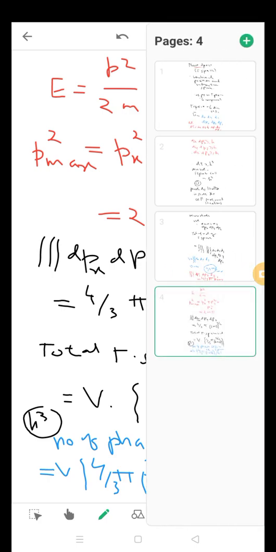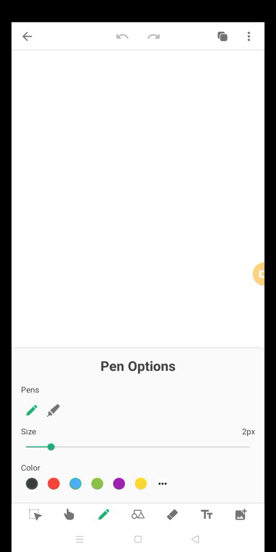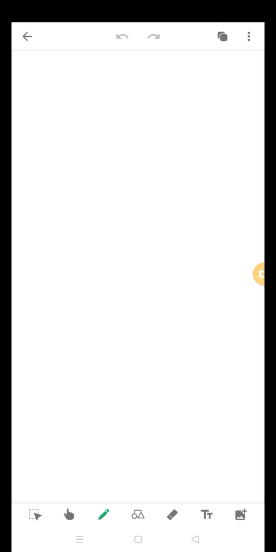Now the next concept is of an ensemble. An ensemble is actually each phase point of a separated system with the same macroscopic properties but different microscopic state.